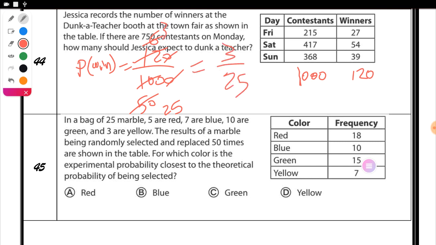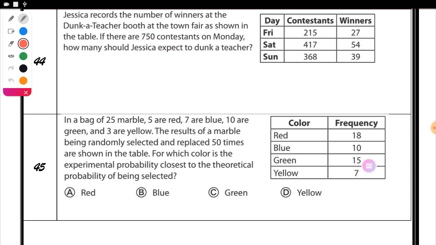We can write it as a percent by multiplying by 100, which gives you the percent. Now we know the probability, which is 3 over 25. What if on Monday the contestants are 750? How many can win? Actually, we'll do the following.